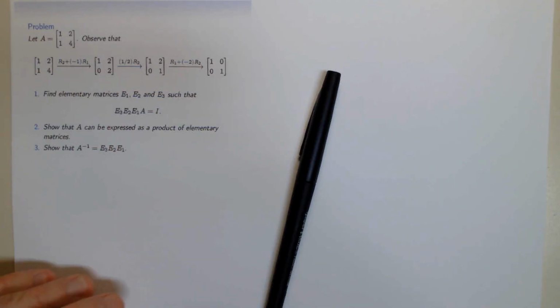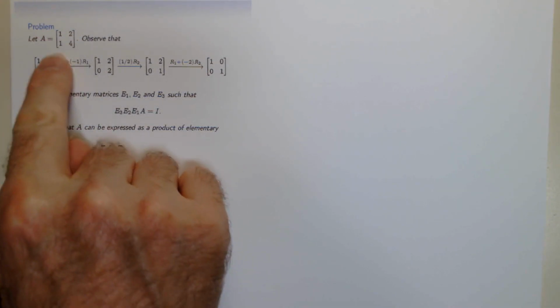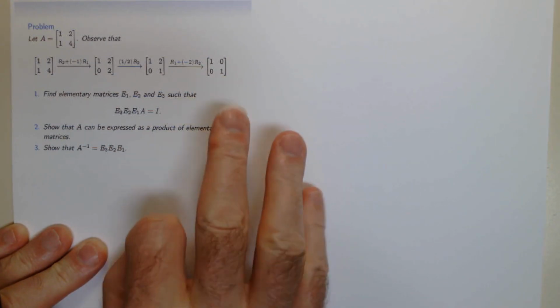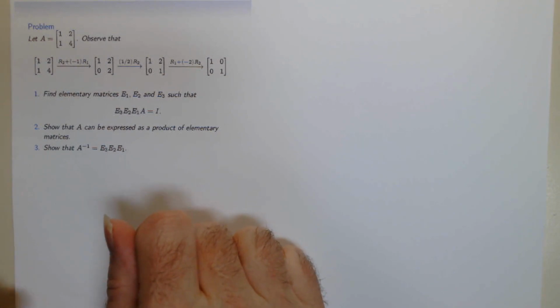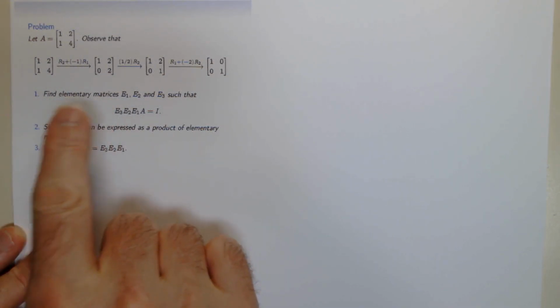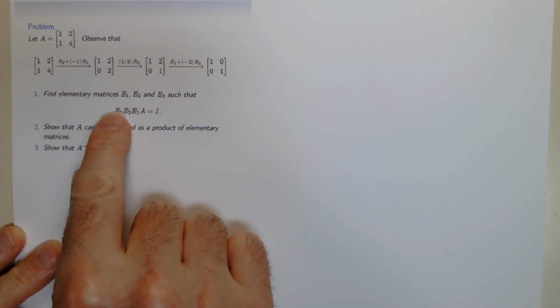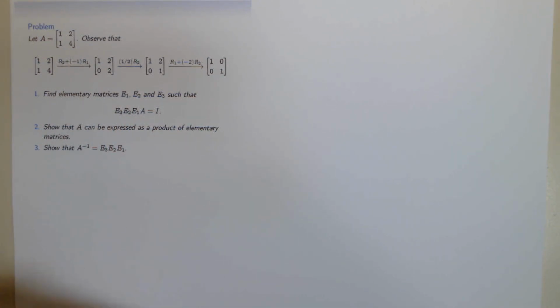Welcome to the document camera. We're going to work this problem. And in this problem, we have a matrix A that is being row reduced to the identity in 3 steps. 3 row operations take the matrix A to the identity matrix. And in part 1, we're trying to show that there are 3 elementary matrices, E1, E2, and E3, whose product in this order with A produces the identity matrix.